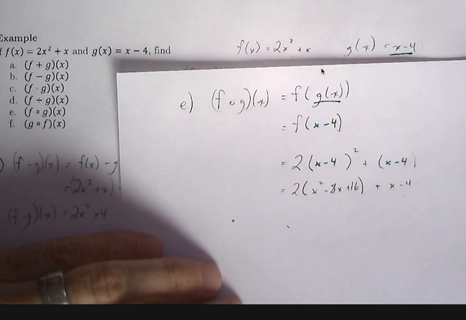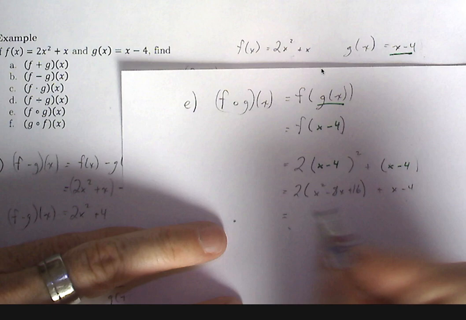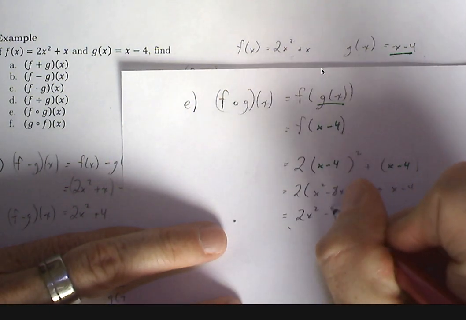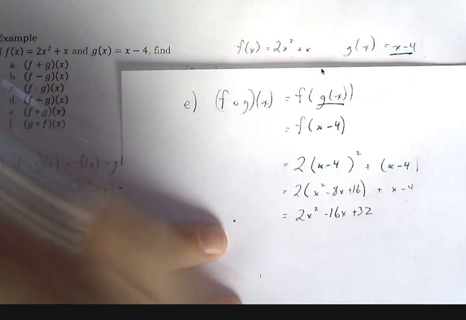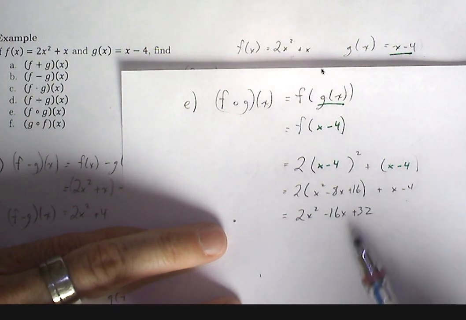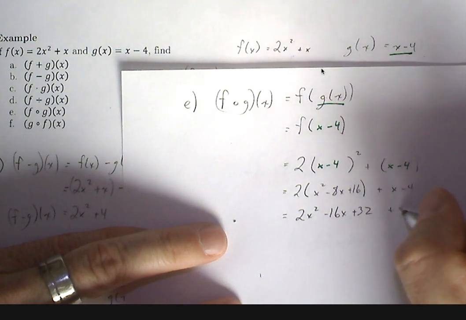I continue this further, simplifying the right-hand side. I have to carry my multiplication. This first term simplifies to this, plus x minus 4.